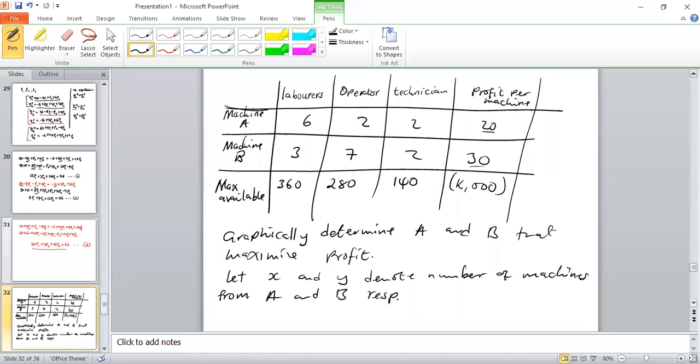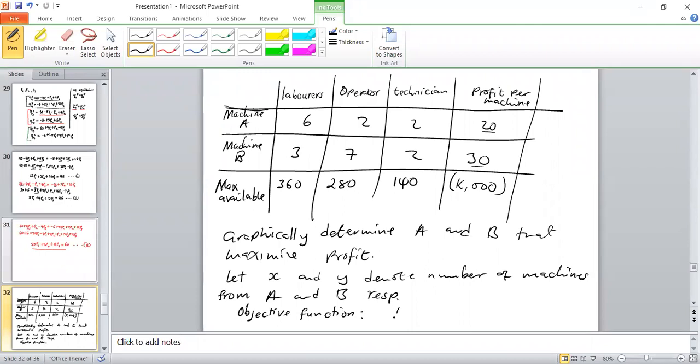Now when we do that, since this is a maximizing problem, we are going to have the objective function. In our case, our objective function is the profit function, since we want to maximize the profit.